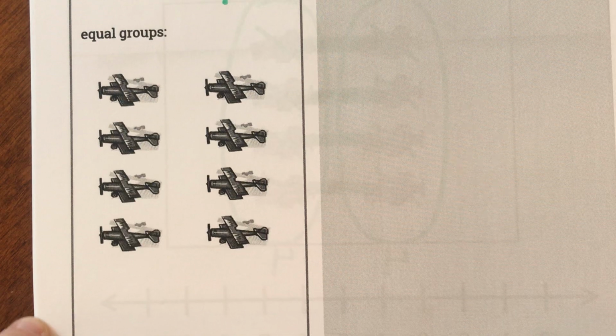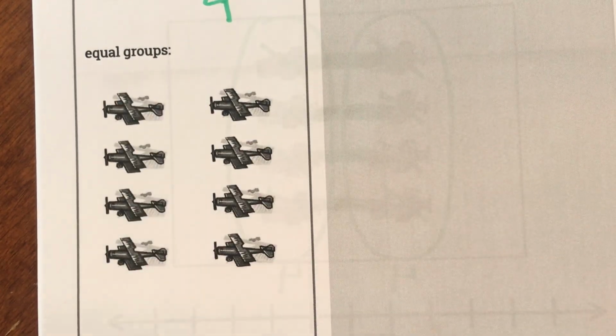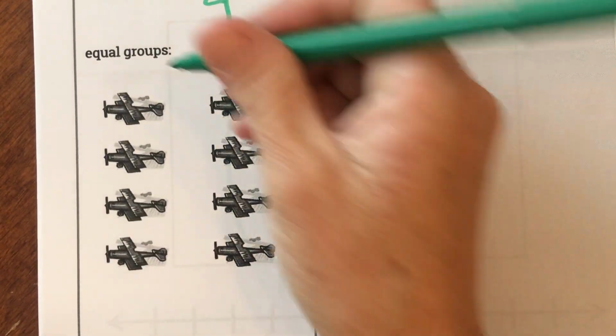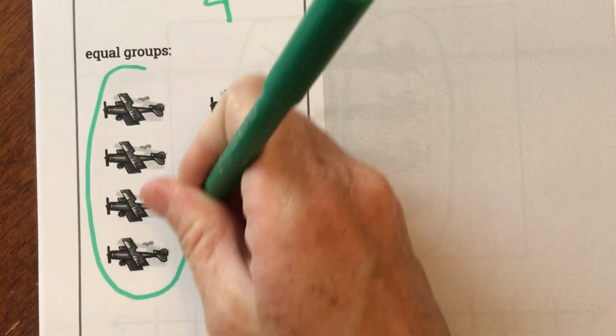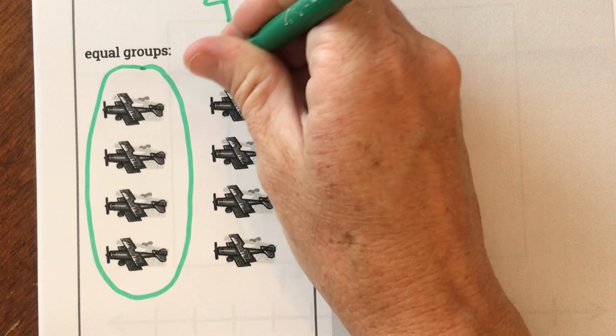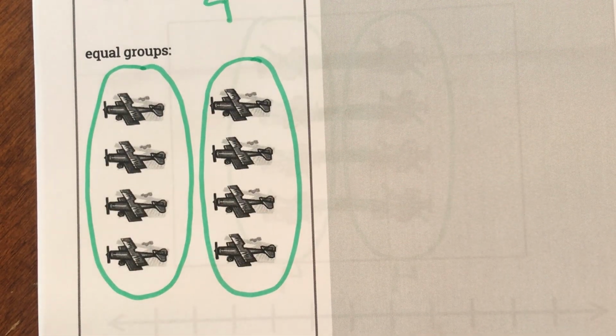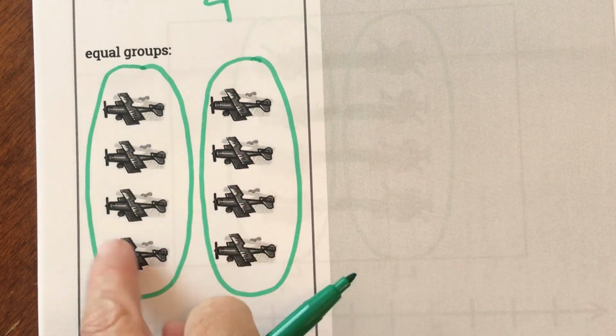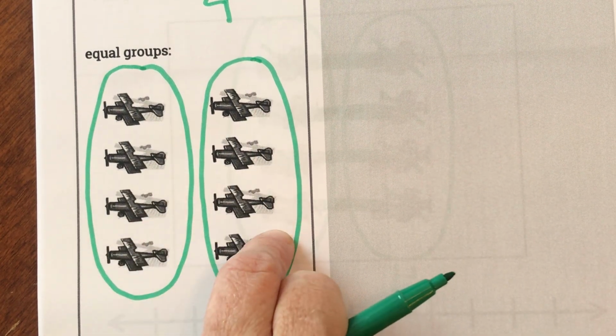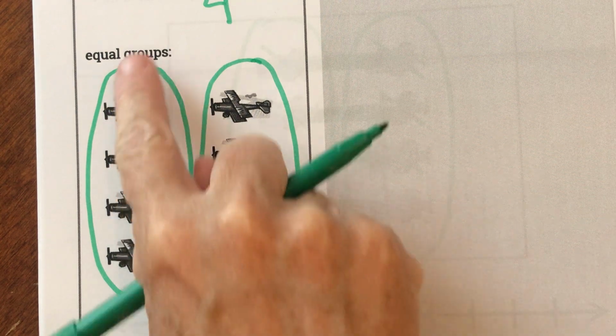Now we're going to talk about equal groups. So we're going to circle these airplanes together, and we're going to circle those airplanes together. Okay, so now we made 2 groups of airplanes. Let's count how many are in this group, friends.